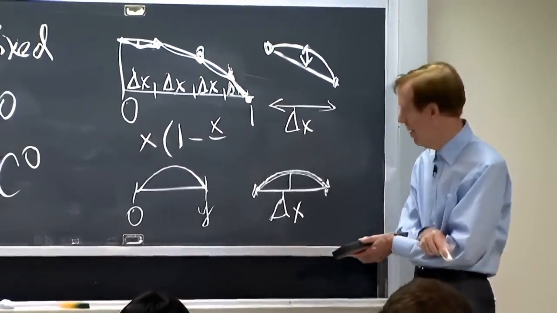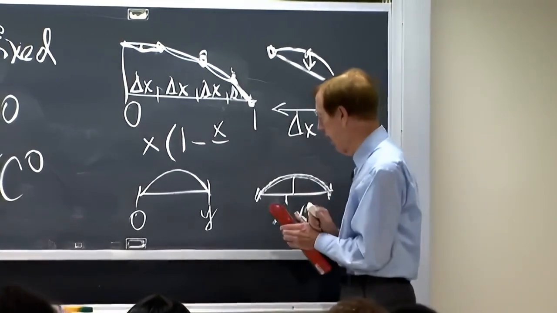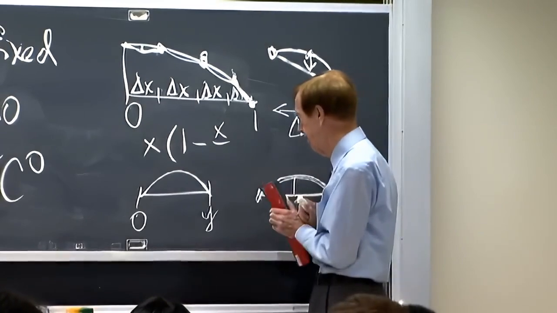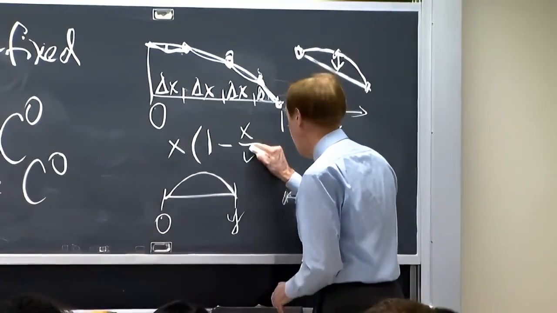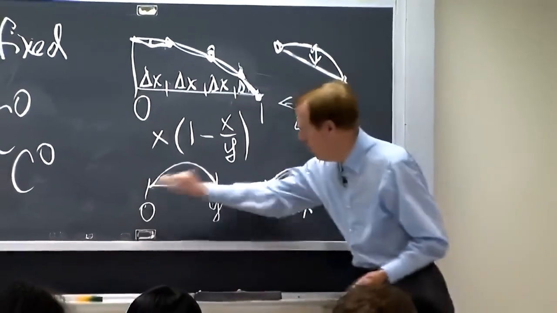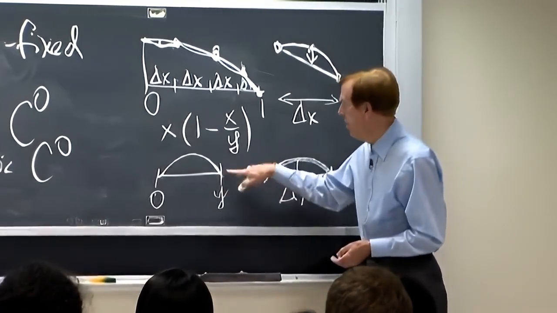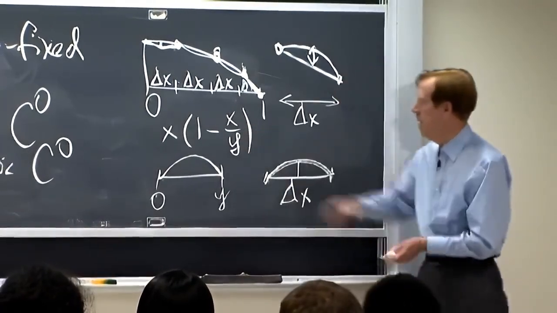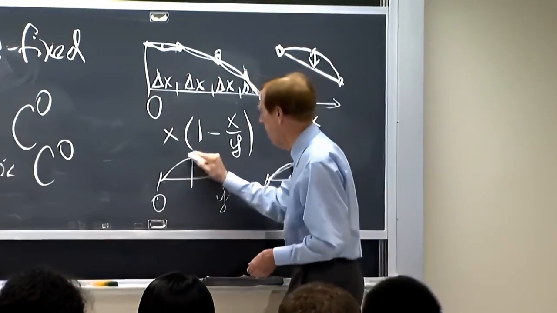What do I want to put there? I don't want to put a 1. That would make it look big. It's really y there. Okay, so I think that quadratic is 0 at 0 because of that term. It's 0 at x equal y because of that term. It's second degree, and I think its height is a maximum right there.